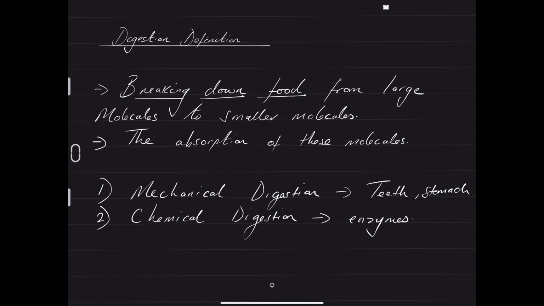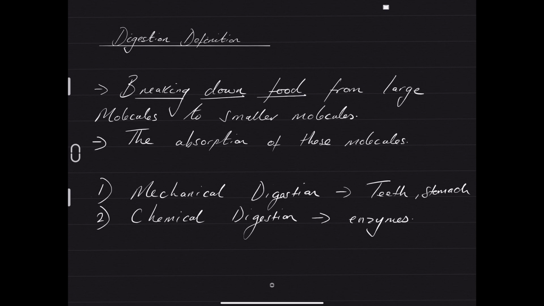So we have mechanical digestion and chemical digestion. To distinguish between the two, we can think of mechanical digestion as breaking down large food items into smaller manageable components, which are chemically digested by enzymes into smaller molecules.